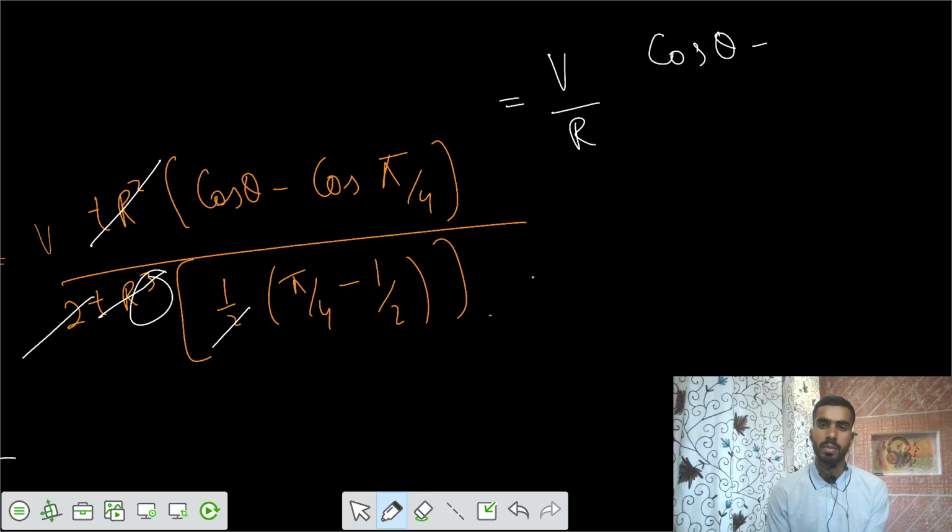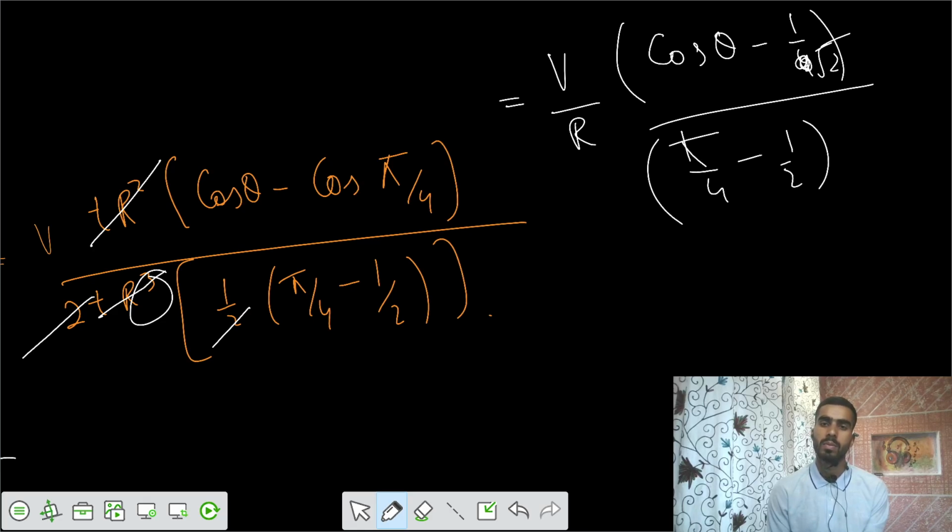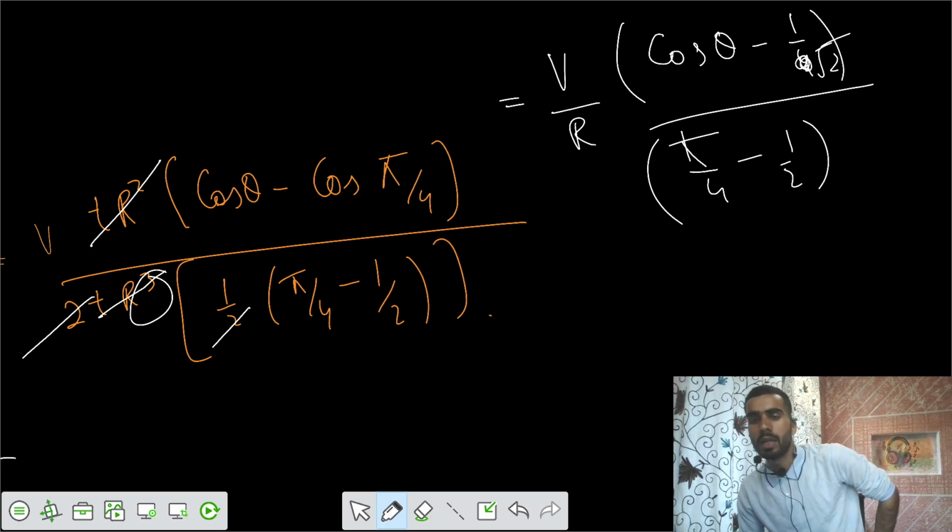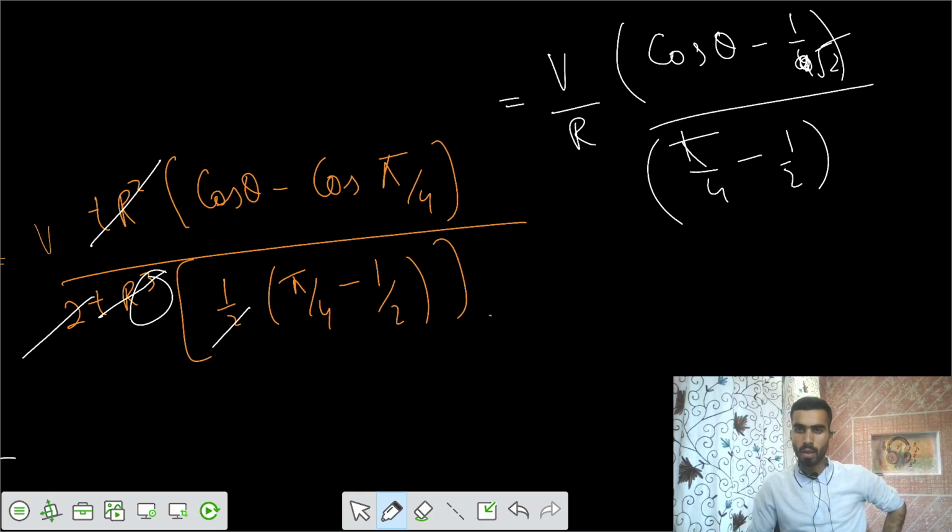So we write cos theta minus cos pi by 4, that's 1 by root 2 since cos pi by 4 is 1 by root 2, and divided by pi by 4 minus 1 by 2. So we got this value of that shear flow. This one we can keep in this way, or we can keep cos pi by 4 as it is. So we got this value of shear flow.